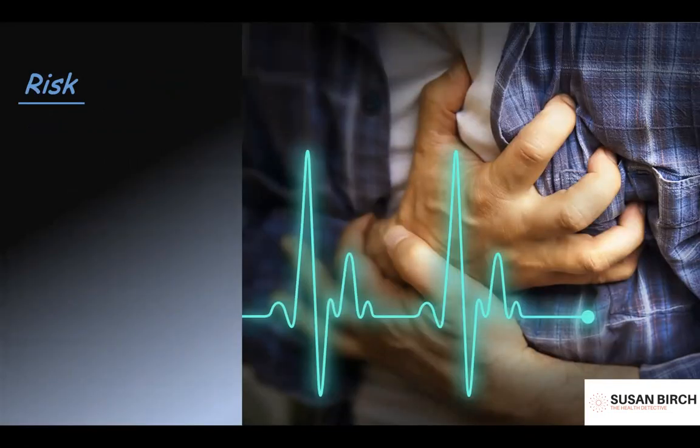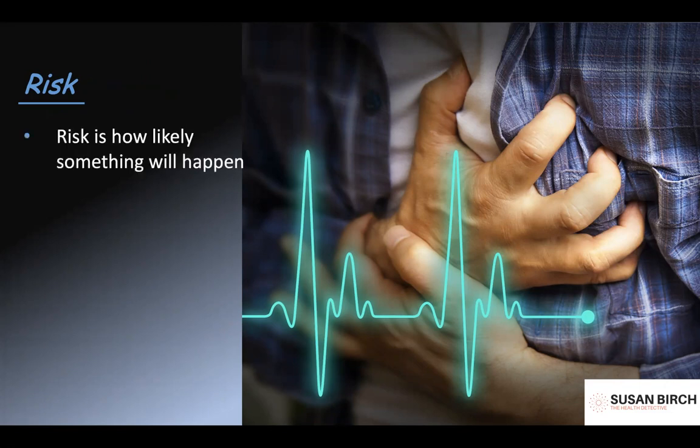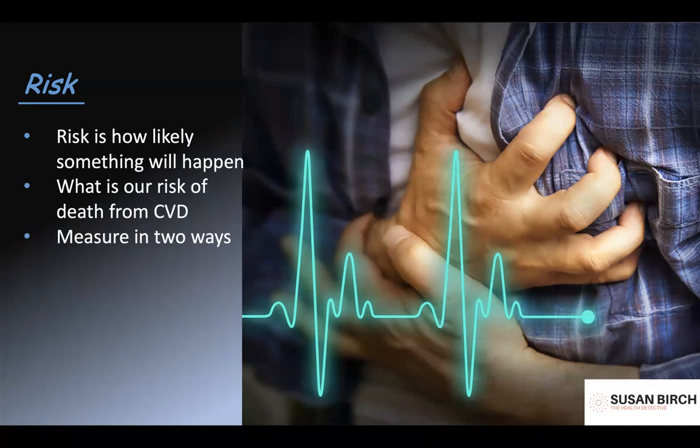How risk is reported is important to understand. Risk is how likely something will happen. So, for example, what is our risk of dying from cardiovascular disease? Risk can be measured in two ways: actual risk and relative risk.